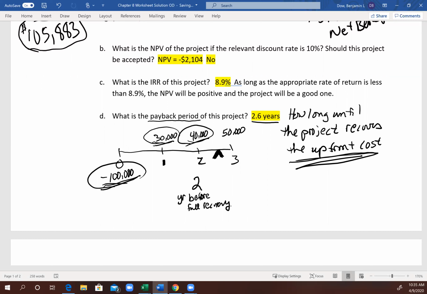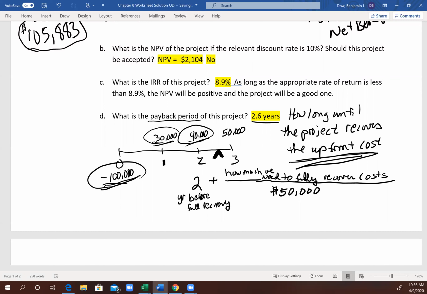So you go to the year before full recovery, that's year 2, plus how much we need to fully recover, divided by the amount we receive in year 3.